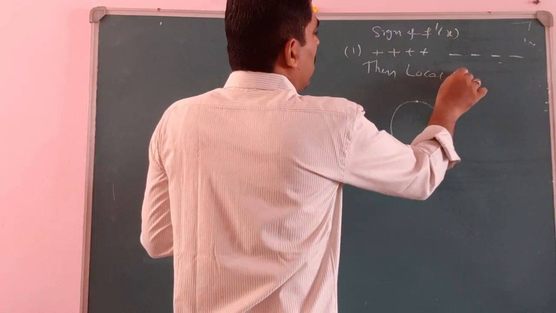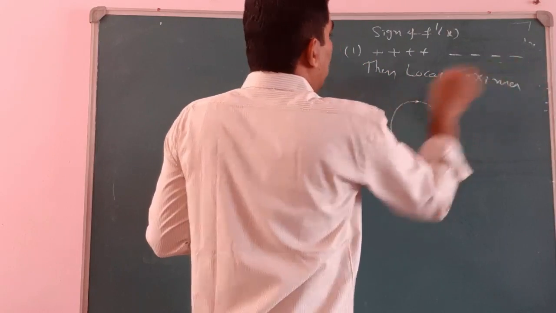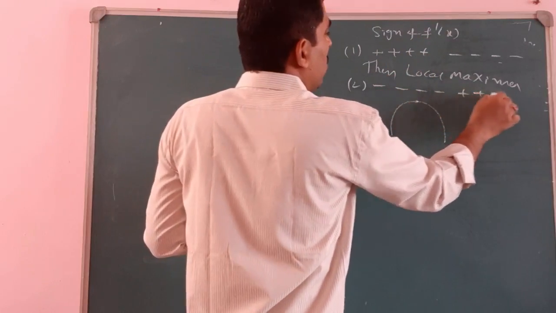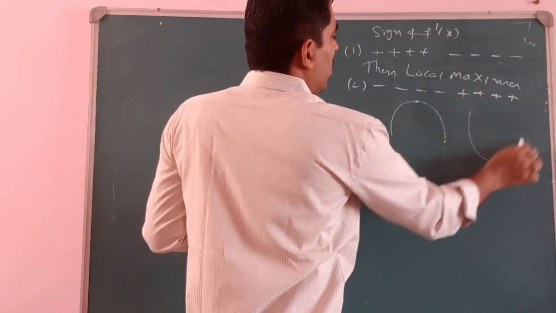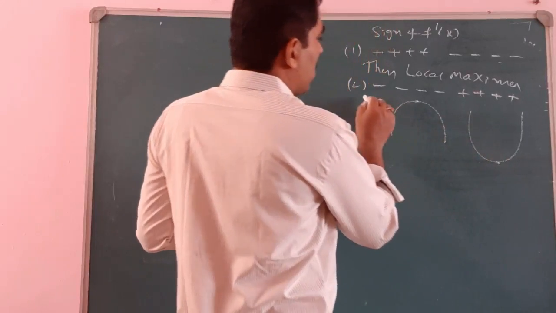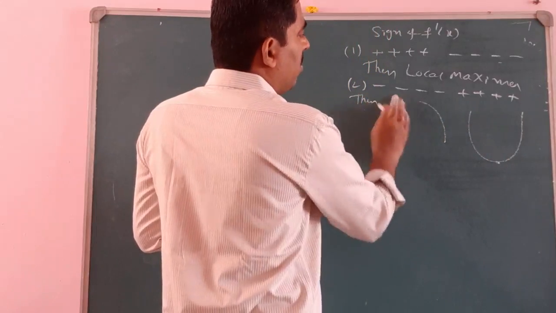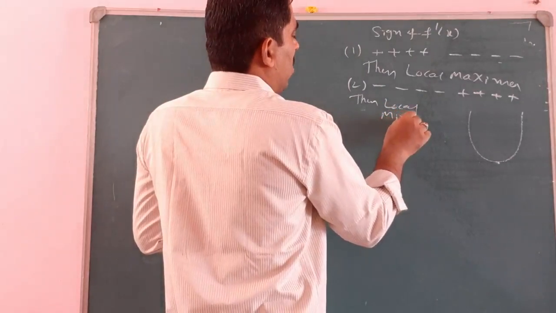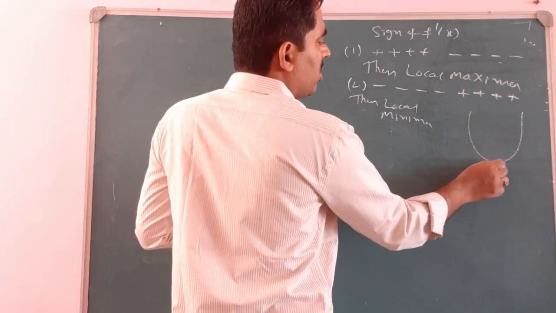If the sign of the derivative changes from negative to positive, the union shape, then the point is called the point of local minima.